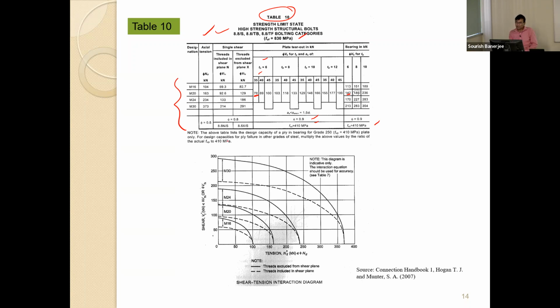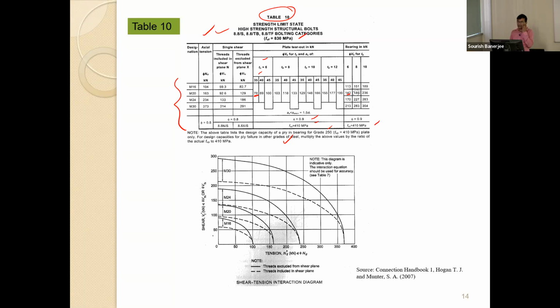So it says that the above table lists the design capacity of ply in bearing for grade 250, FUP 410 MPa. For design capacities for ply failures in other grades of steel, multiply the above values by the ratio of the actual FUP to 410 MPa.